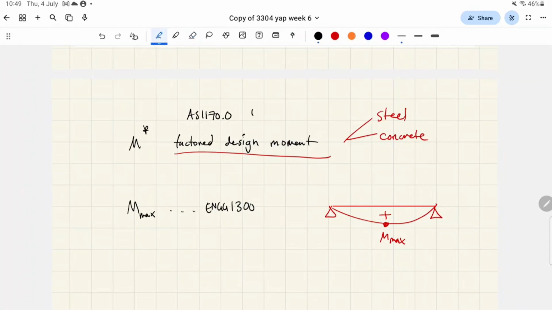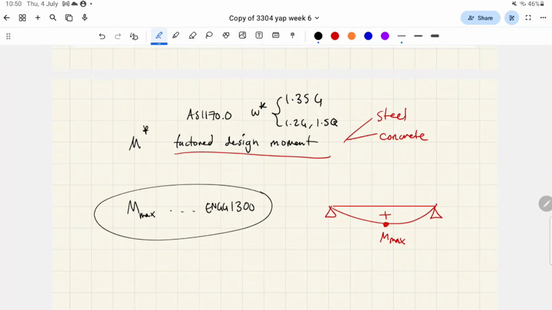That's where you do W star and worst case scenario kind of design. This doesn't really take into account worst case scenario. This is just pure physics. It's not splitting up the loads into different types of real life loads like dead load, live load, that kind of stuff.